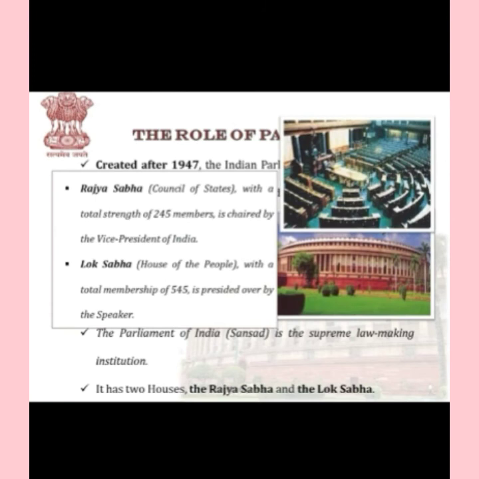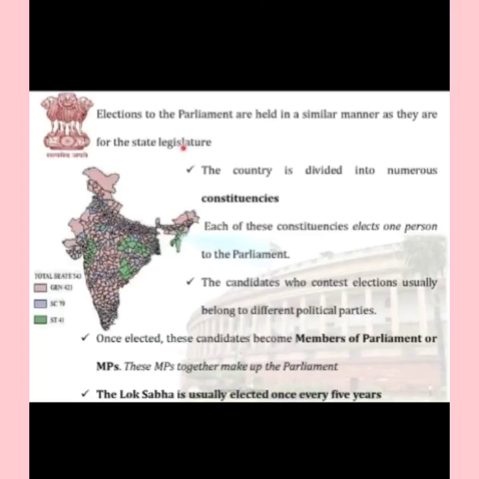Okay, the Parliament of India, that is the Sansad, is the supreme law-making institution. As I said earlier, the elections of the Parliament are held in similar manner as they are for the state legislature. For electing the CMs, MLAs and councillors, how we vote, the same way we elect the members of the parliament through vote.